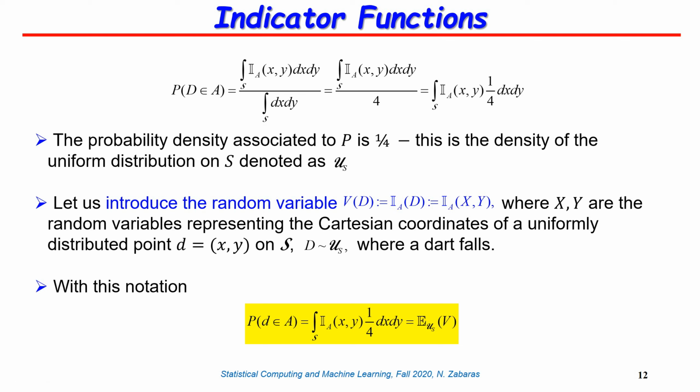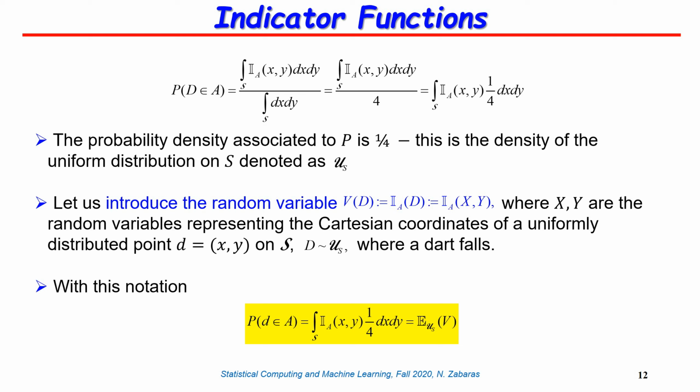Immediately you can think that if you have an expectation with respect to any distribution, you can approximate it with a sample mean. The sample mean is the sum of the values of the indicator function at the n experiments divided by n, which gives you the number of times in your n experiments that you landed inside the circle divided by n.